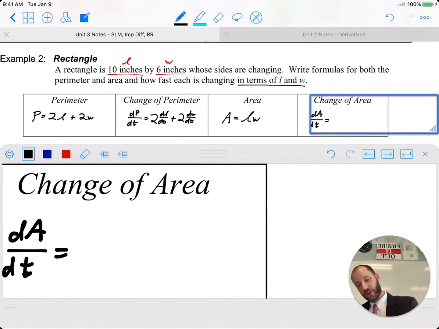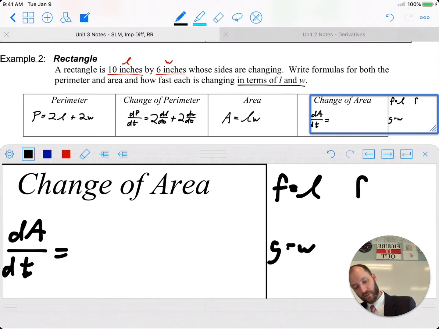So if you want to, do the product rule real quick. F is L, G is W, F prime is dL/dt, G prime is dW/dt.